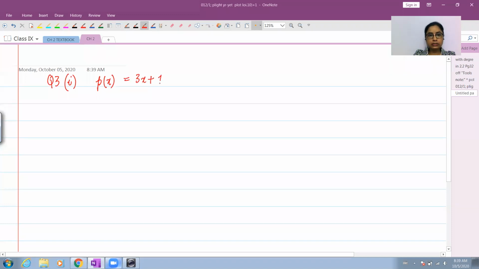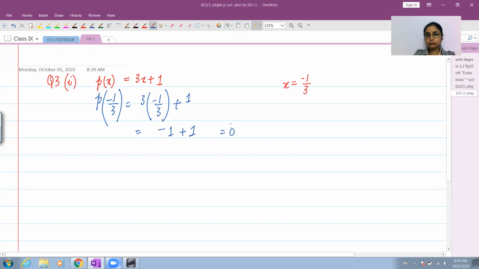So the polynomial is P(x) equals 3x plus 1. The value of the variable is x equals to minus 1 by 3. Be careful with the values here. Don't miss the negative sign. So what I'm going to do is simply use this value here and then solve. Zero. Right? The answer is 0.